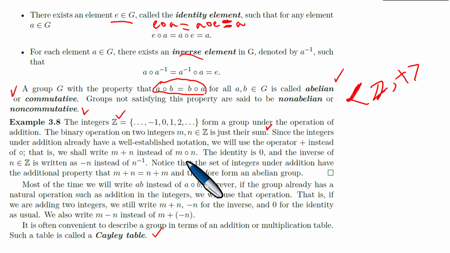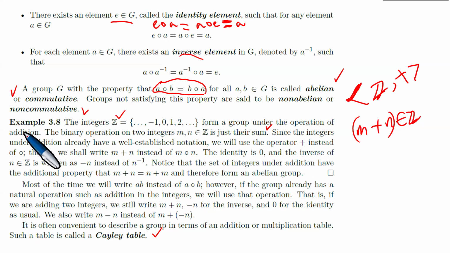The sum m plus n is an element; when you add them together, you get an integer.